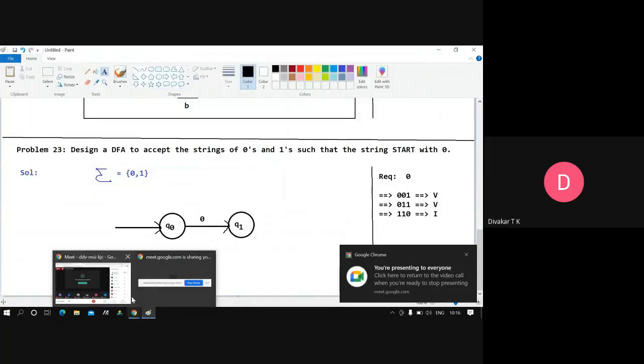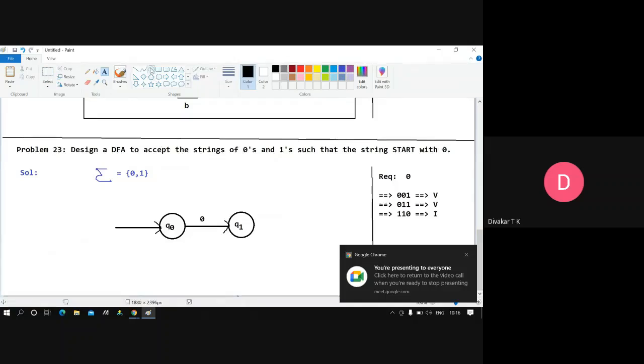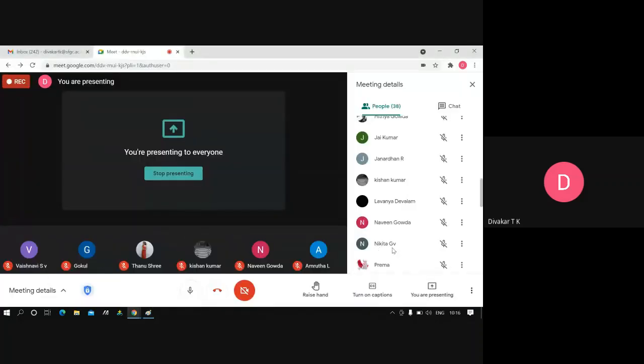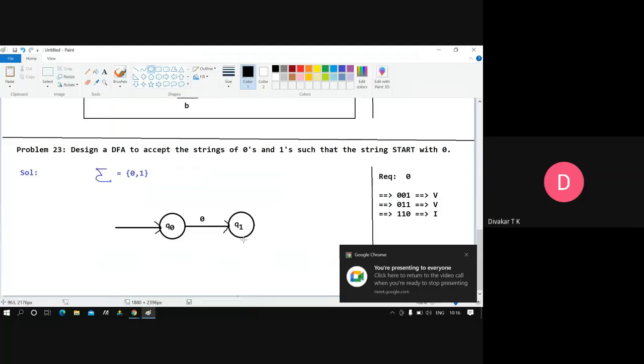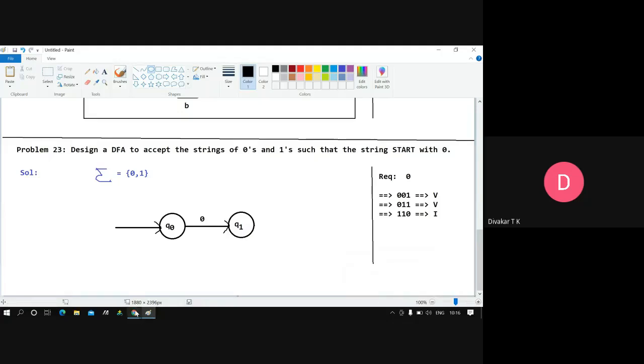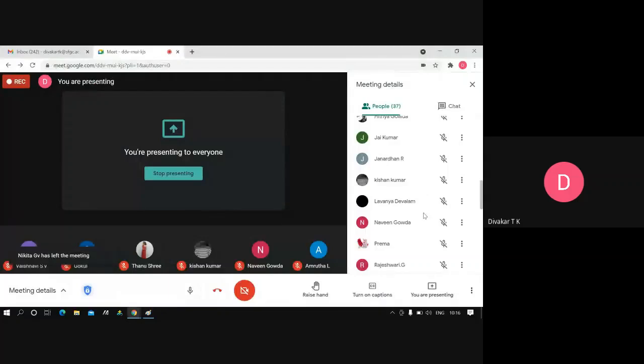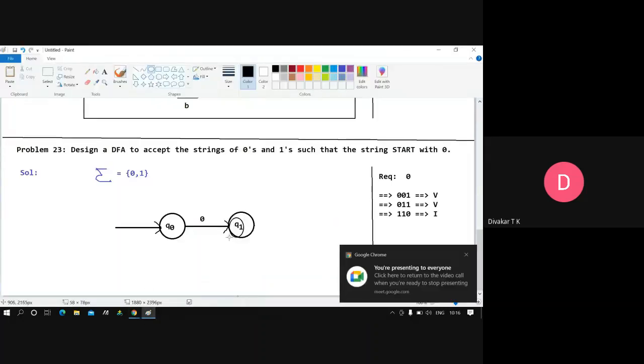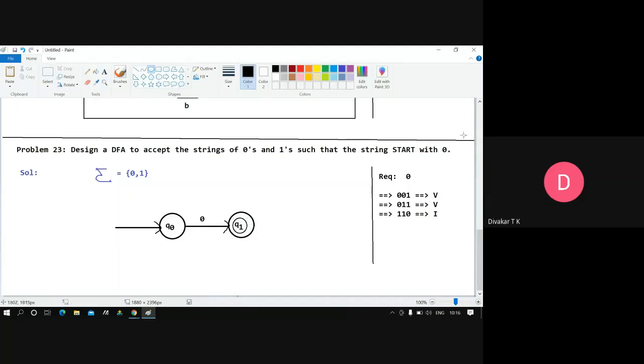Nikita, which is the ending state? Jai Kumar, answer. Q1, sir. Q1 is the ending state. Okay, great.